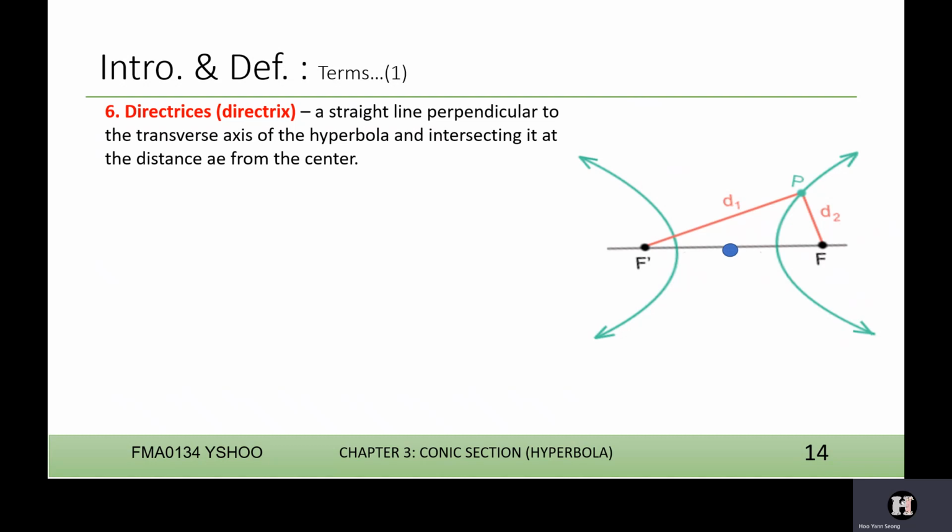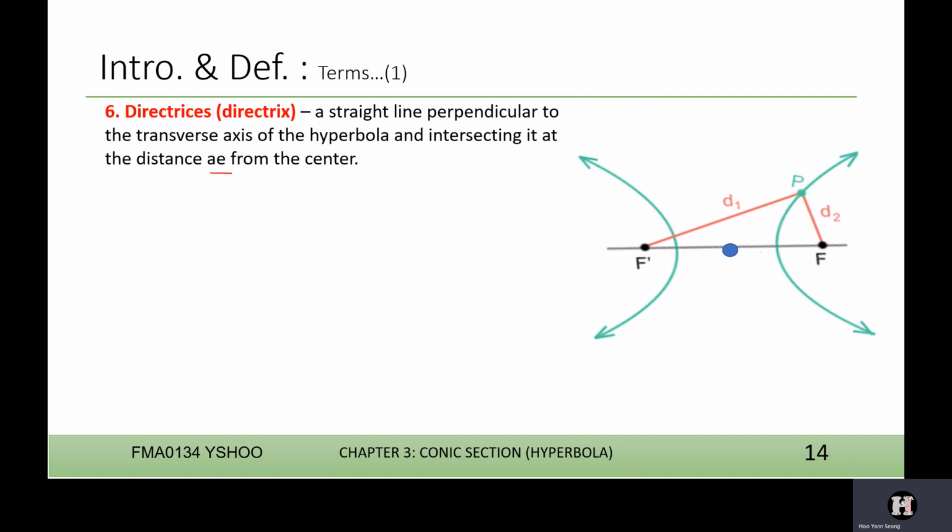It's a line perpendicular to the transverse axis, at a distance of a over e from the center. In our module we didn't introduce the directrix, but because we need it next, that's why I give you the definition of the directrix. What is the e over here?